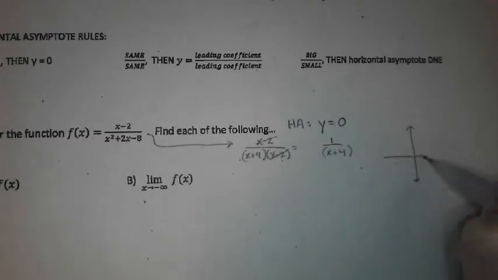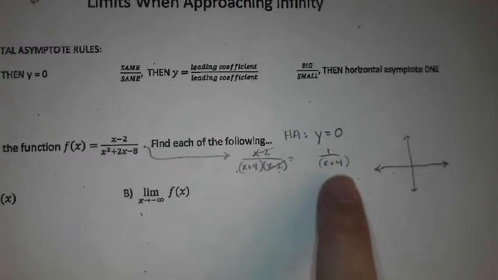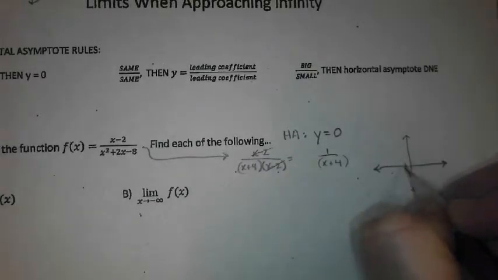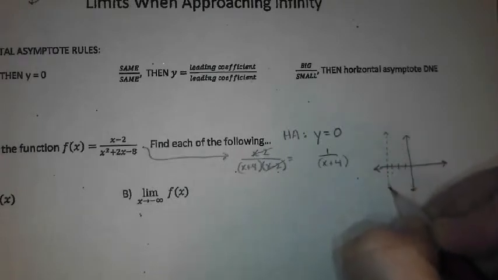So both end behaviors, if you think about this, and again, sketching the graph of this is not going to be the most efficient, but just to fully understand what is happening here, this is just a rational function that got shifted left 4 units. 1 over x is the parent graph. This is 1 over x plus 4. So it got shifted left 4 units, which moved the vertical asymptote.